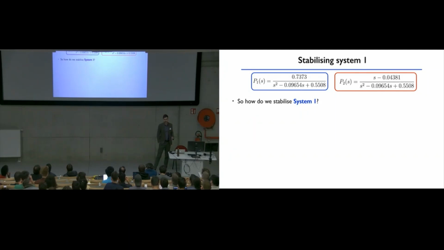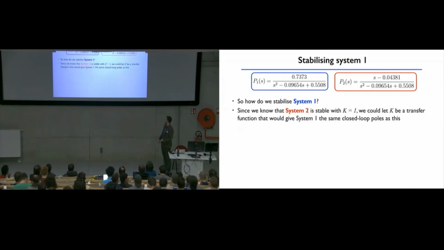So there are obviously a lot of things that we can do, and eventually we'll introduce a lot more theory that will allow us to do this in more systematic ways. But one thing that we could do is choose a controller that makes System 1 look more like the controlled version of System 2.